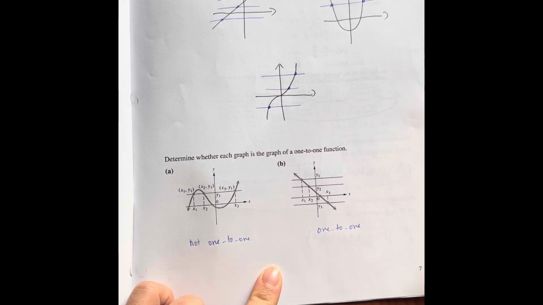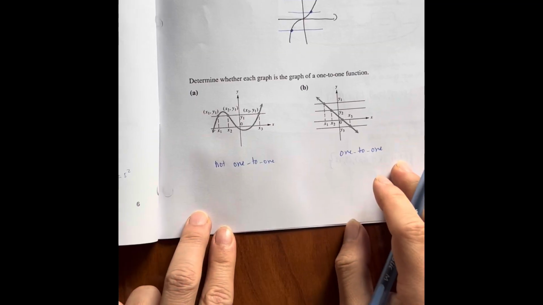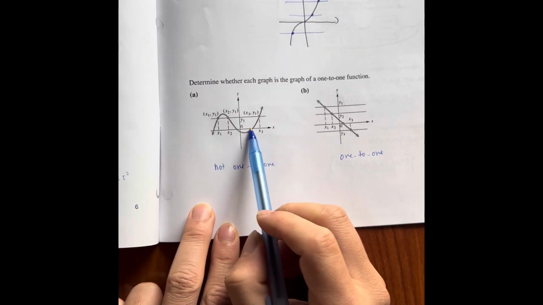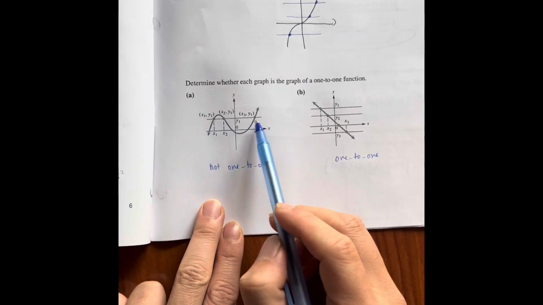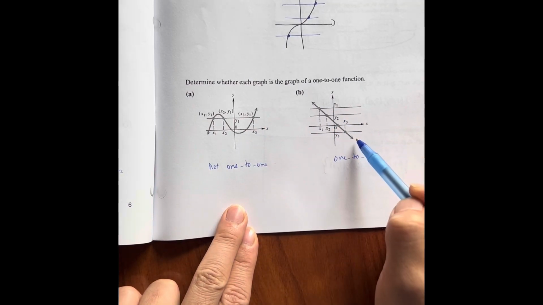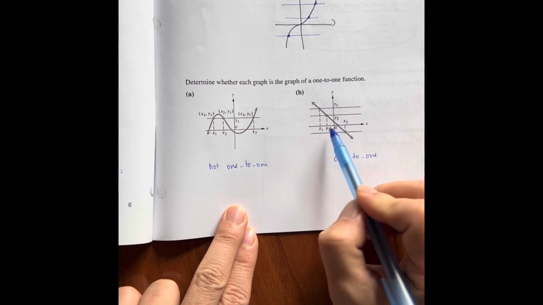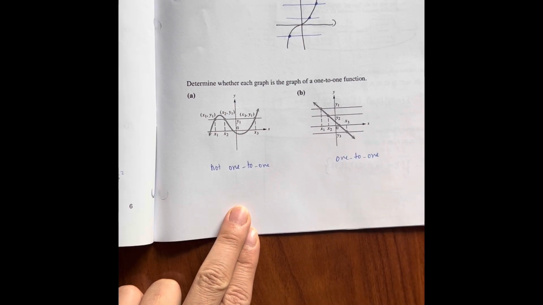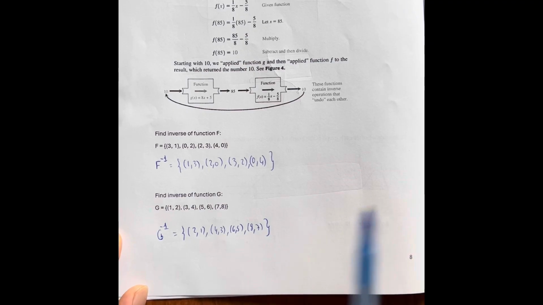So this function is one-to-one. This graph does not pass because the horizontal line crosses more than one time. This is also another line, so this one also passes. So this is one-to-one. A function that is one-to-one has an inverse function associated with it.